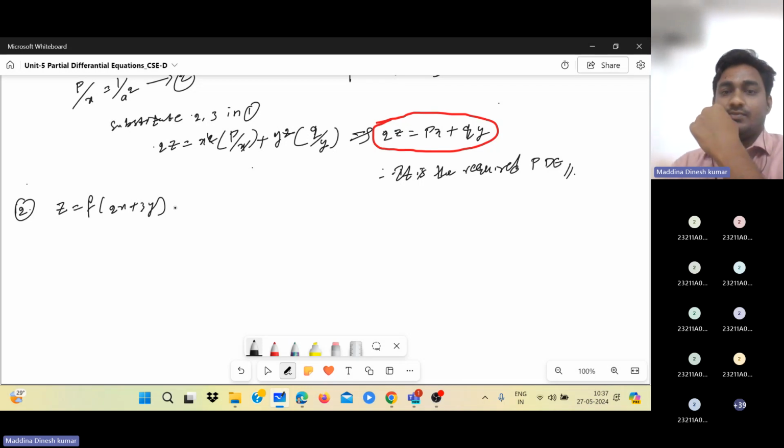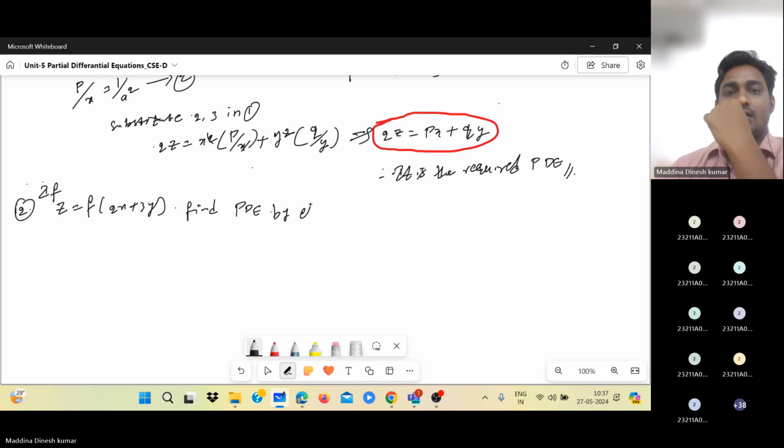If z equal to f of x comma y, find the PDE by eliminating the arbitrary function.